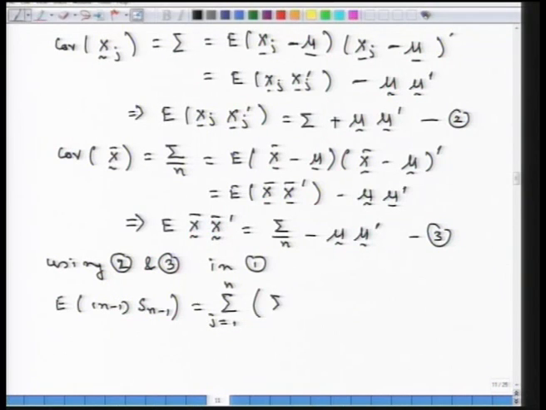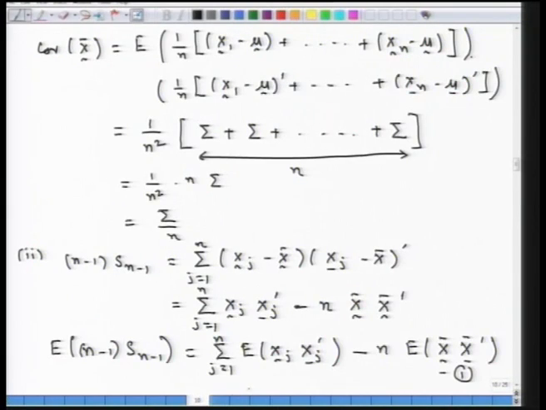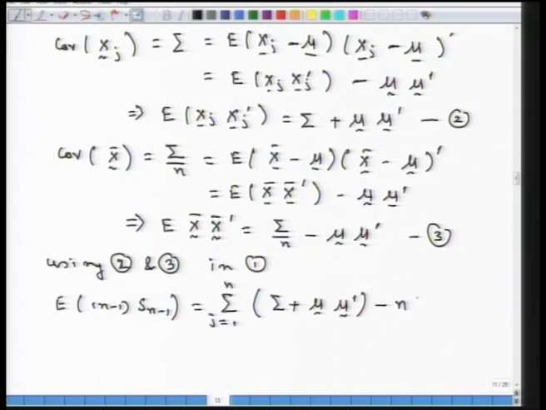So we have sigma plus mu mu′, this minus n times the expectation of this quantity, that is sigma by n plus mu mu′.